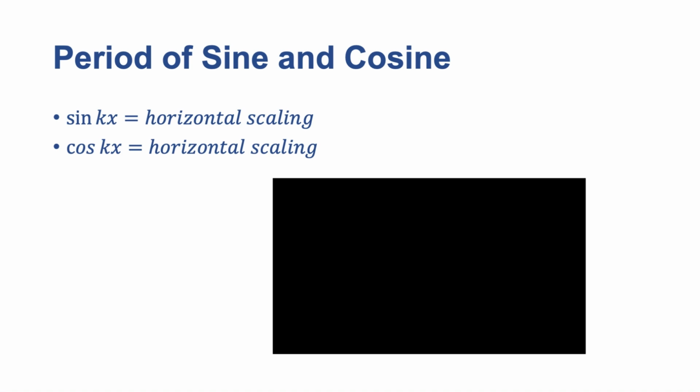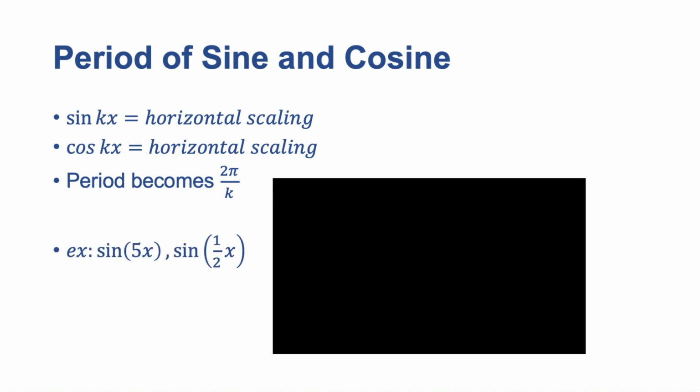As you can see, they're very similar curves. Cosine is just a little bit farther back in its phase, which we will talk about later. So our period can now be determined by this formula here, 2 pi over k. So 2 pi is our parent period, and then we can divide it by our factor k in our horizontal scaling. Let's do an example.